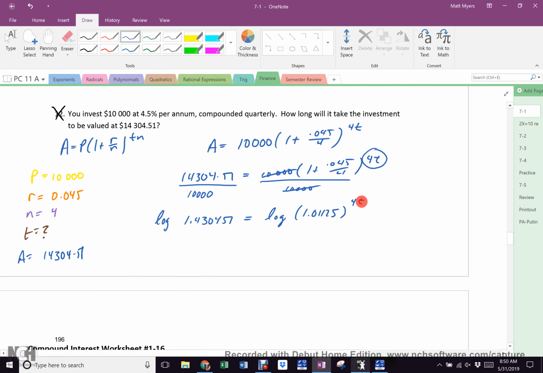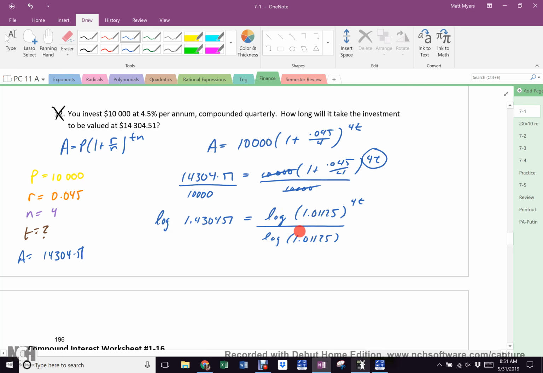Now where does that 4t go? Or, another way to look at it, how do I get rid of this log 1.01125? If I divide by log 1.01125, what's going to happen here?